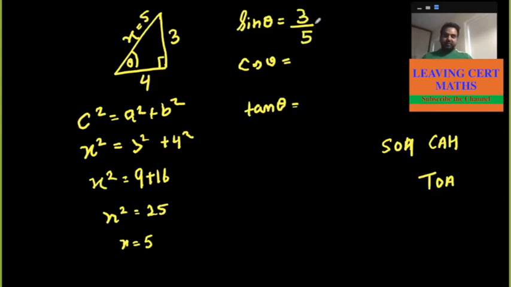You don't need a calculator at the moment. So cos theta, what is cos theta? Adjacent over hypotenuse. 4 over 5. Right. What is tan theta? Opposite over adjacent. 3 over 4, right?